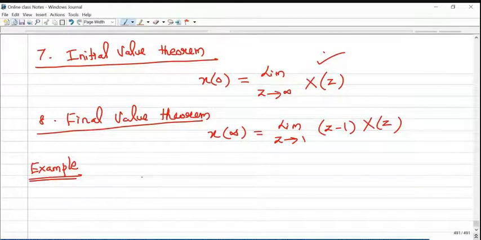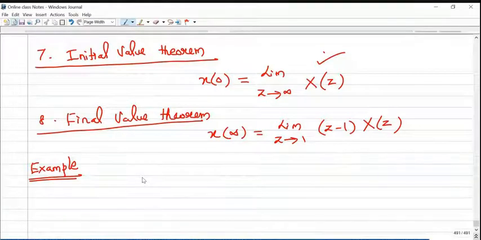While applying the final value theorem, we have to check some conditions. Do you remember in Laplace transform? In Laplace transform, if any poles lie in the right half, then the final value theorem cannot be applied.